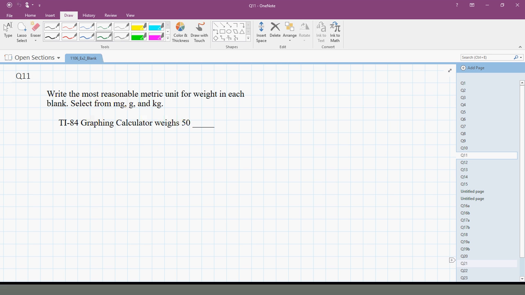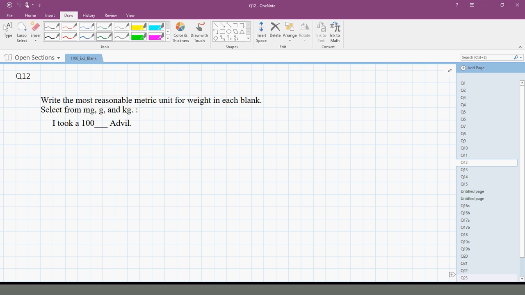Is it milligrams, grams, or kilograms? 50 grams, absolutely. Because it wouldn't be kilograms. My calculator weighing 50 pounds, that's one heavy calculator. And it wouldn't be milligrams because that's way too light. So definitely 50 grams.